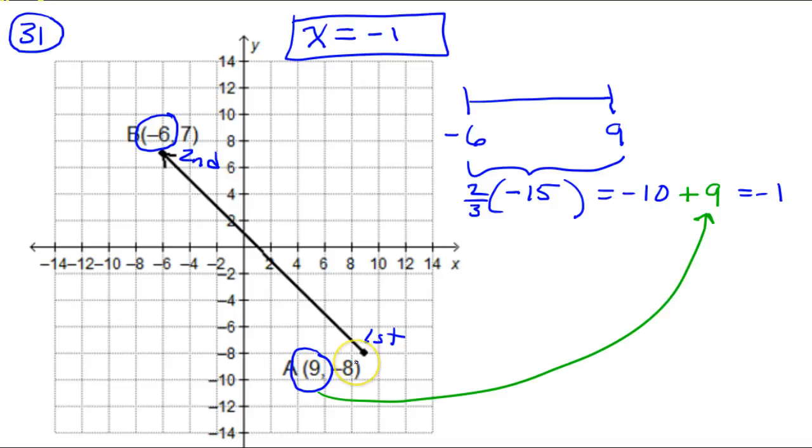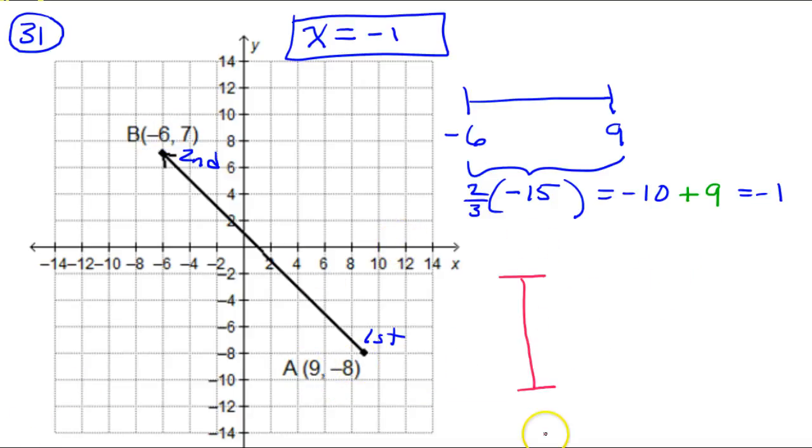Now let's do the same thing with the y values. My y values are vertical, so I'm going to do them like this. Here are my y values, a 7 and a -8. Here's my 7, which I'll put up high, and my -8, which is low.